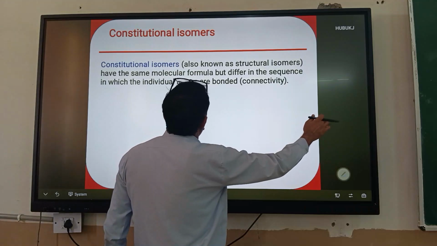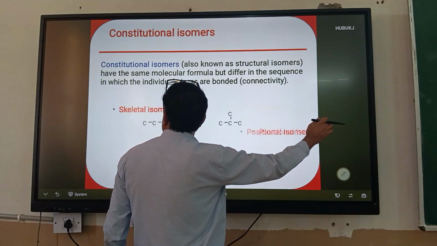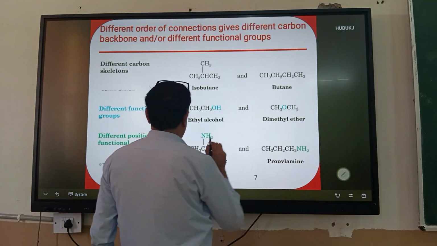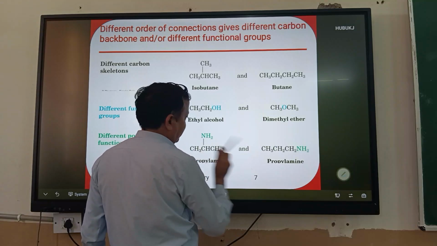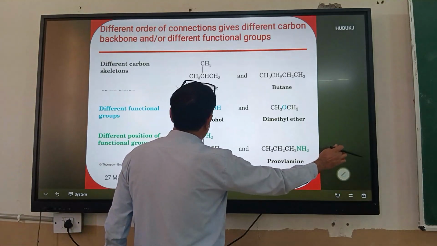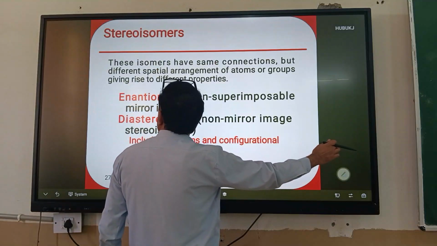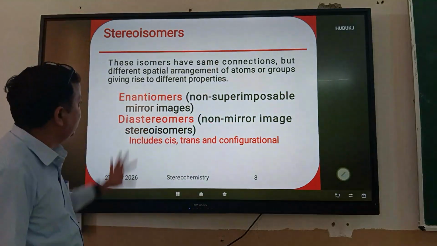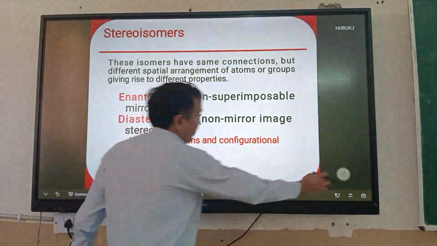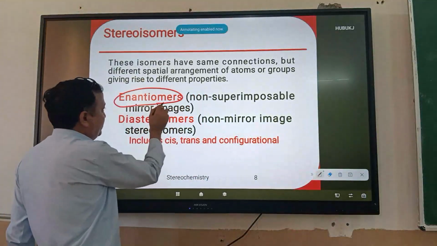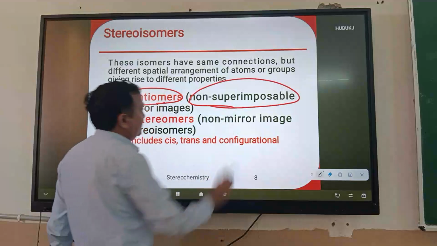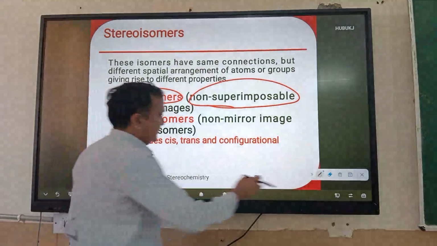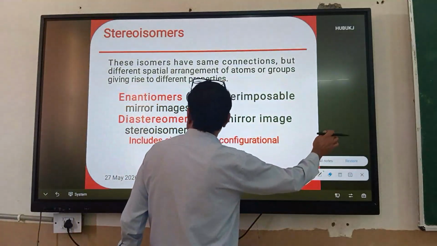Position isomers differ in terms of position. Enantiomers are mirror images of each other which are non-superimposable, meaning they cannot be fitted over each other. And then diastereomers.